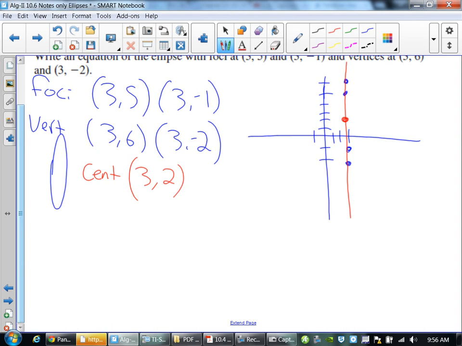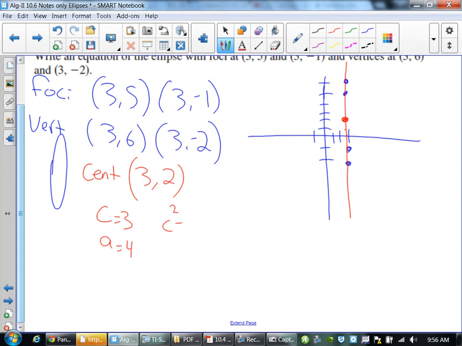And now the toughest part of them all, counting. How far is it from center to focus? Well, 1, 2, 3. C is 3. Center to vertex, 1, 2, 3, 4. A is 4. Therefore, we can figure out C squared, A squared, and B squared.